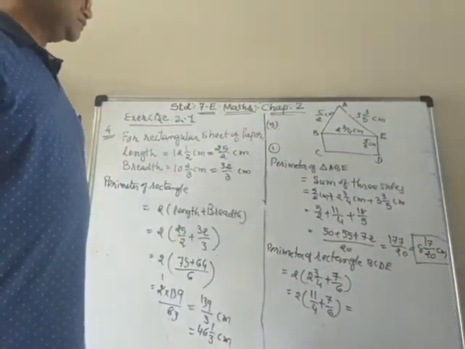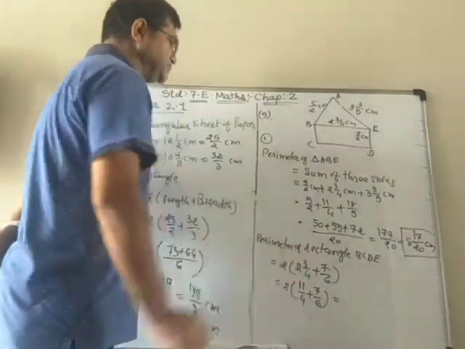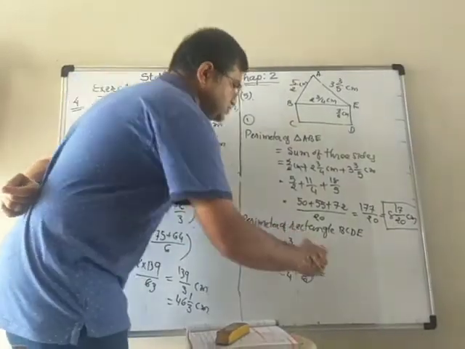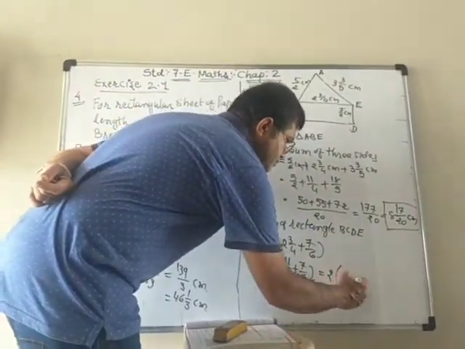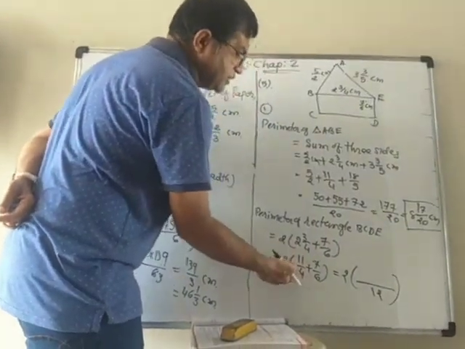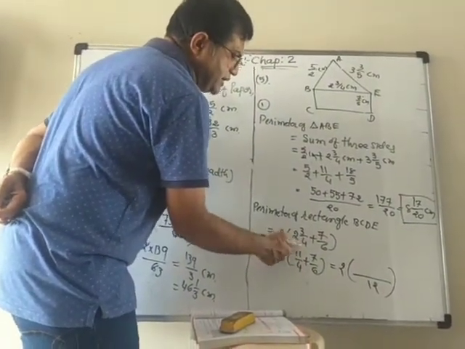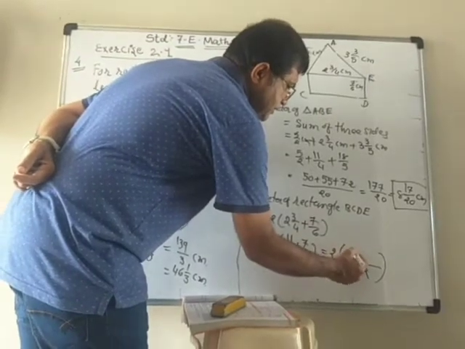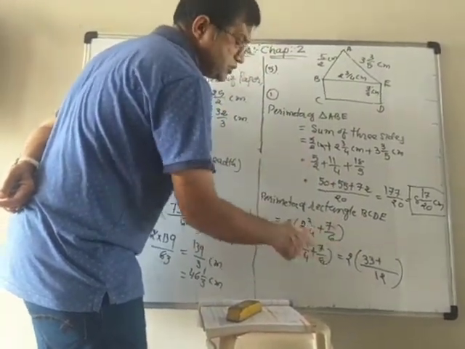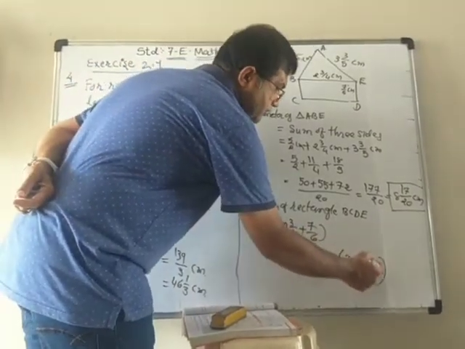So now LCM of 4 and 6 must be 12. So it is equal to 2 into, LCM is 12. 4 3s are 12. So we have to multiply 11 with 3. 11 3s are 33. Plus 6 2s are 12. So 7 2s are 14.